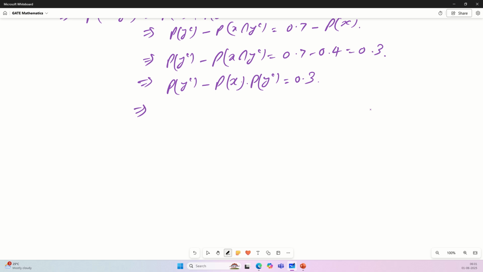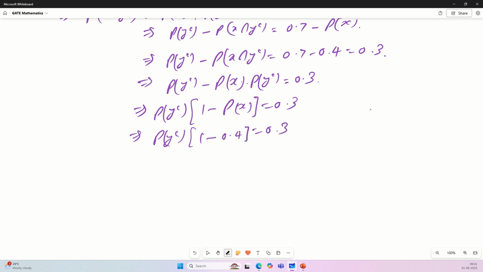Now I can take probability of Y complement common, into 1 minus probability of X, will be equal to 0.3. So from here we are going to get probability of Y complement into 1 minus, you know already probability of X was 0.4. So this will become 0.6, equal to 0.3.